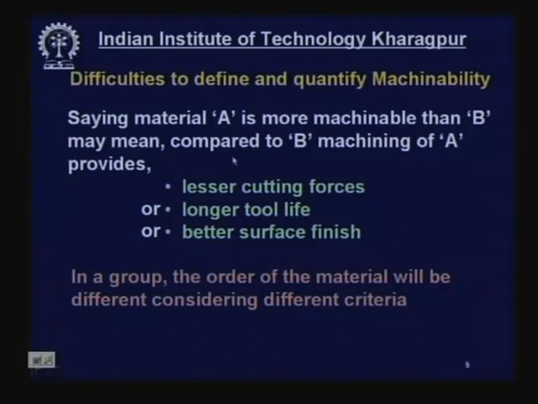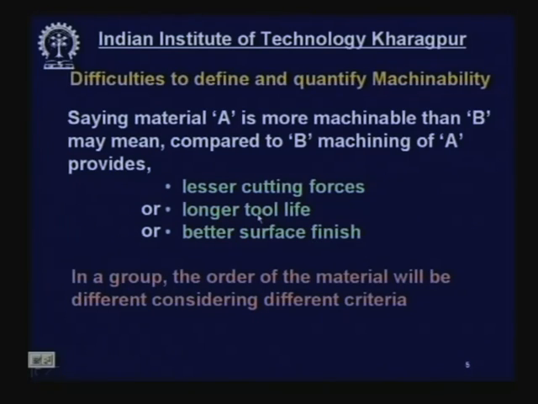It can mean that compared to material B, machining of material A requires lesser cutting forces. So, it is very good. Or it can mean that compared to B, A provides longer tool life, which is desirable, or it can provide better surface finish.